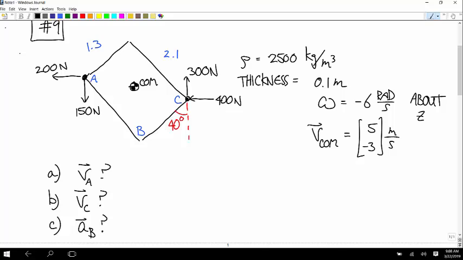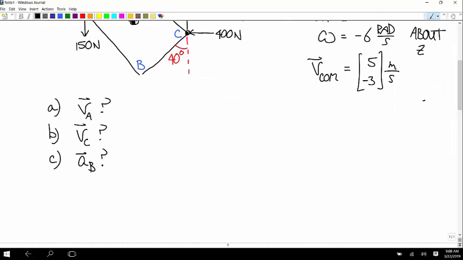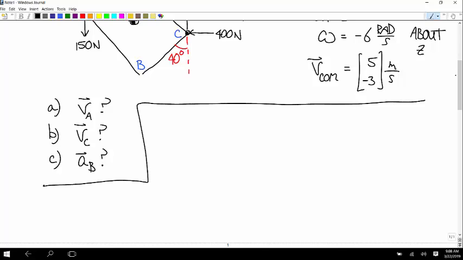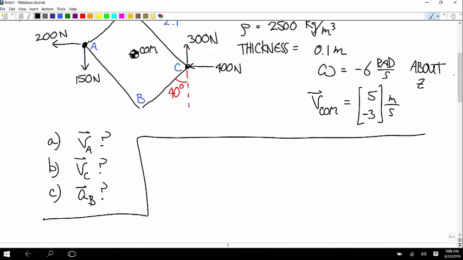Okay, so for us to do part C, if there was an angular acceleration or an acceleration of the center of mass, we'd have to know that. So we can assume that that's 0 and the acceleration of the center of mass is 0.